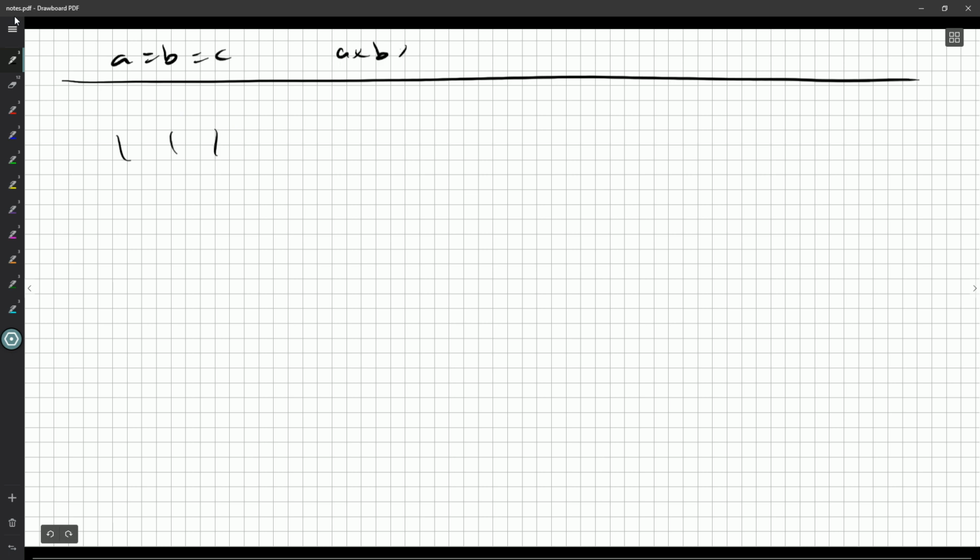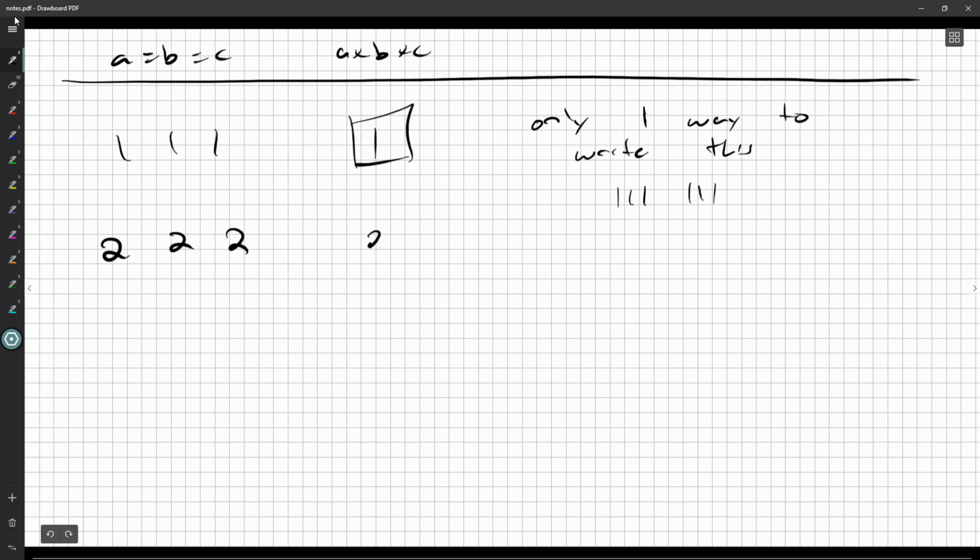And then what's the product? The product is 1. And we can see only one way to write this. So there's only one balanced number that starts with all ones. Okay? Not particularly interesting.